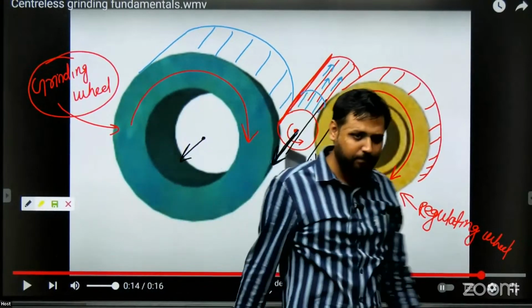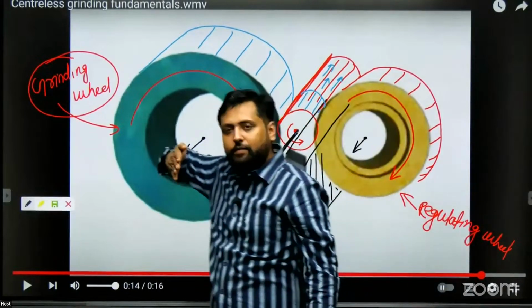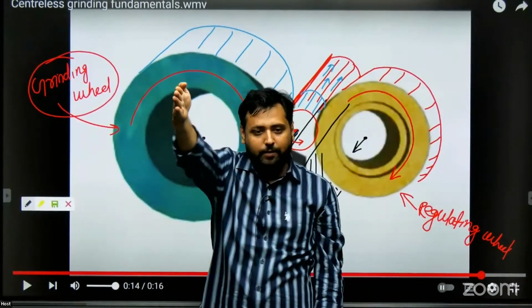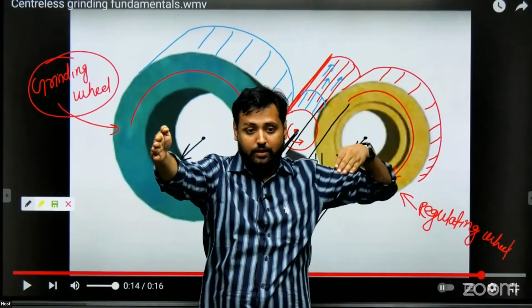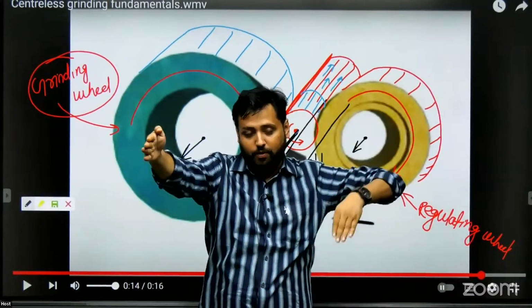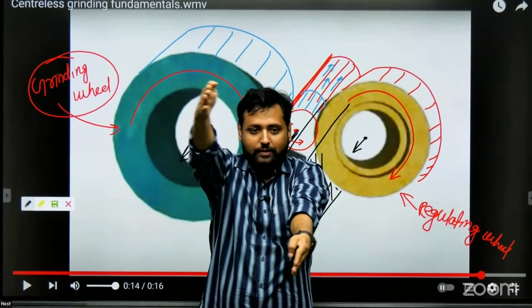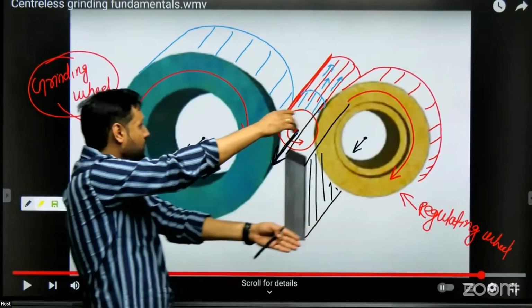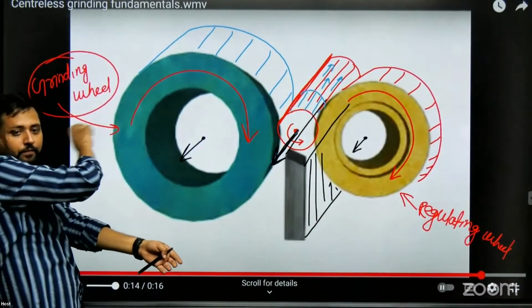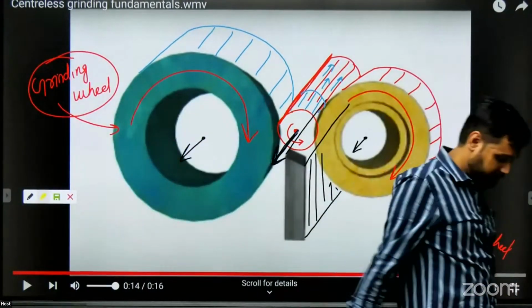Did you understand? Hello, people. Grinding wheel axis is horizontal only, but the regulating wheel's axis is not horizontal. The regulating wheel itself is given a certain angle so that its axis slopes down like this. And then if you observe from this side, there will be an angle between the two wheels.